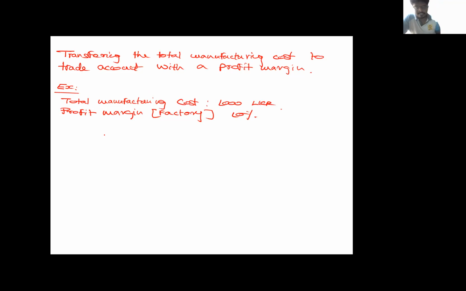Now it's easy. Simply, first thing we can identify, now you have been given direct material, direct labor, and direct other cost, as well as production overhead cost, and let's say plus opening WIP and deducting closing WIPs.